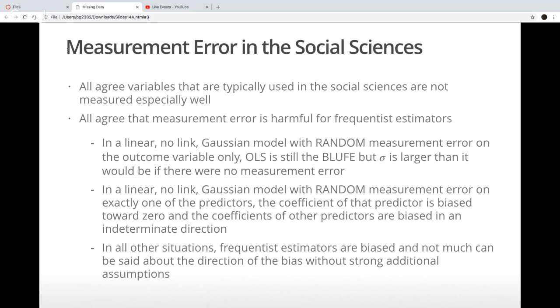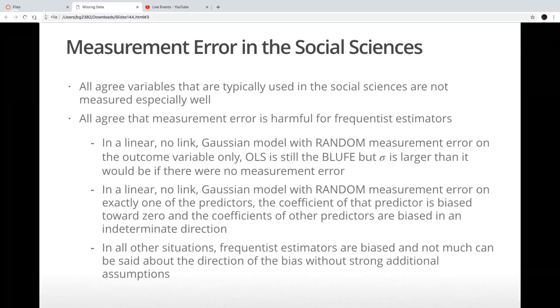In a more realistic situation, where you have other likelihood functions, measurement error on multiple predictors, etc., frequentist estimators are biased across data sets, and not much can be said about the direction or really the magnitude of bias of particular coefficients without making additional strong assumptions, like the covariance between the measurement error on one variable and the measurement error on another variable or something like that.